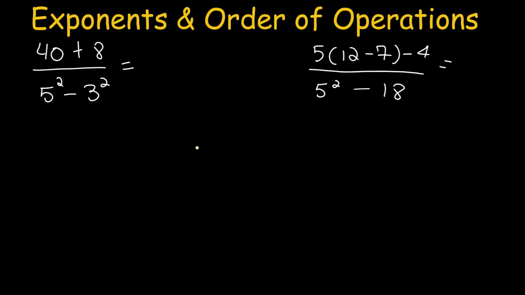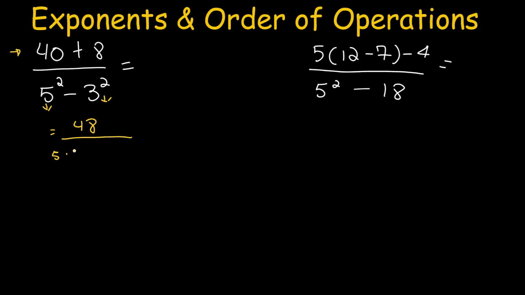Right, let's keep practicing exponents and order of operations. So let's work on the numerator first. So 40 plus 8 will be 48. And now let's work on the denominator. Let's expand these two, evaluate these two exponents. So let's see the first one over here.